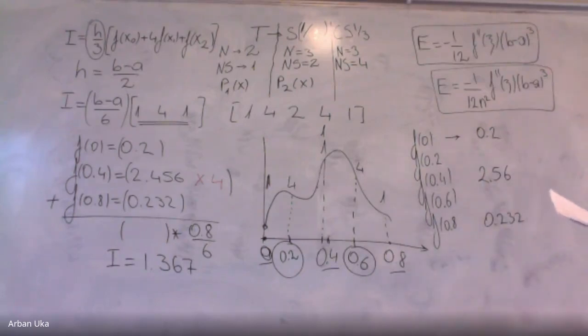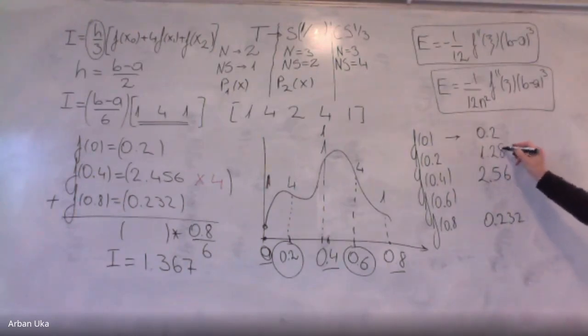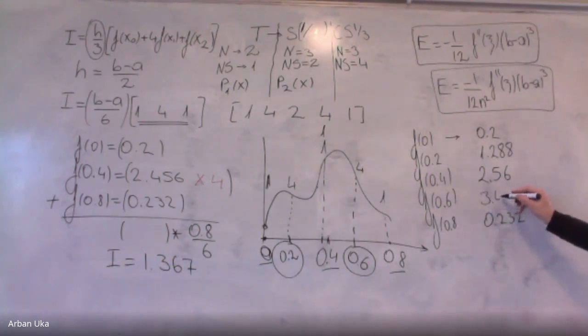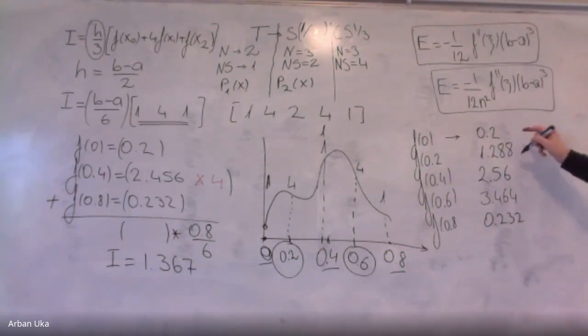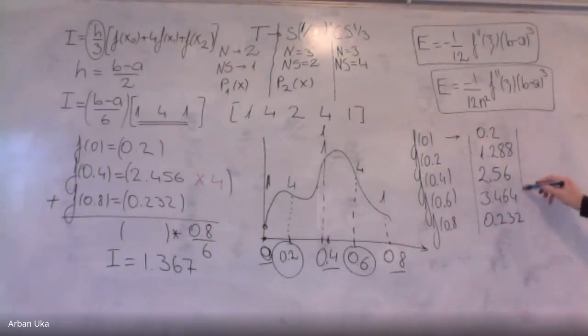The new value that we have here for 0.2 is 1.288, and then the other point is 3.464. Now immediately we multiply all of these numbers with their respective coefficients.